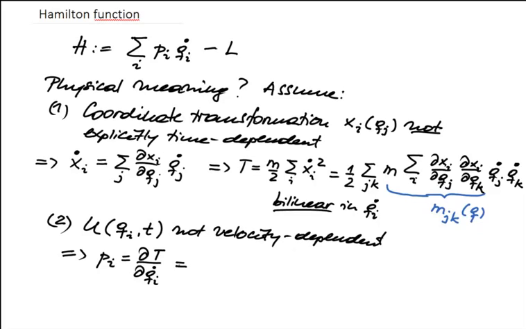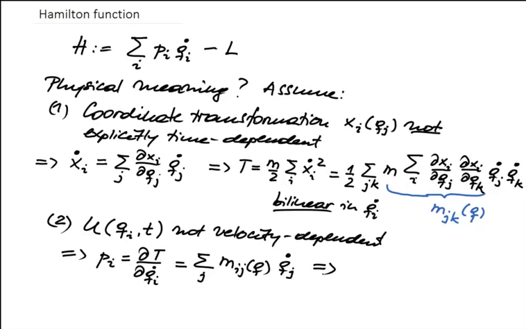And when you insert that bilinear form here, you find that the generalized momentum is given by the sum over j, the coefficient mij, times velocity component qj dot.